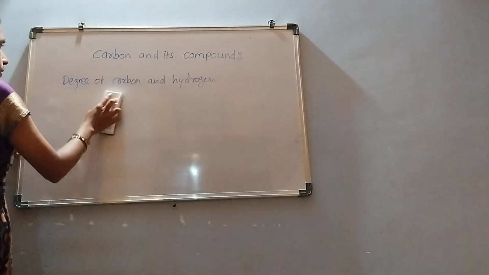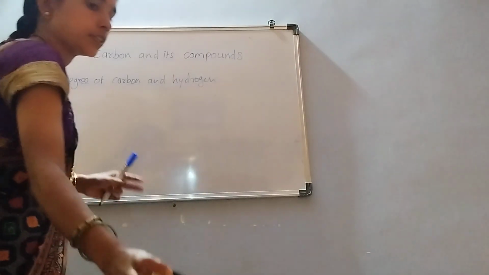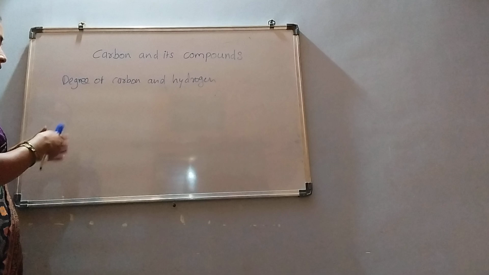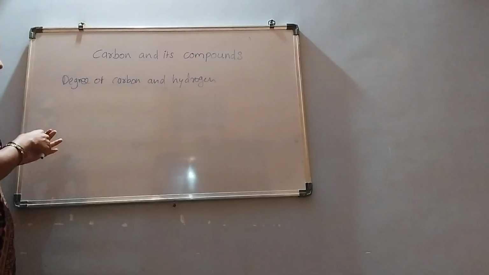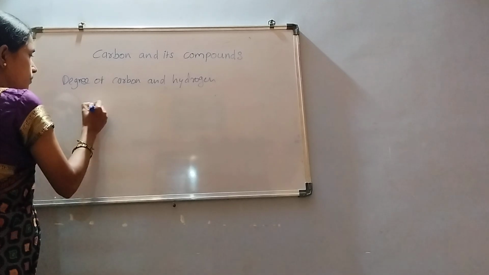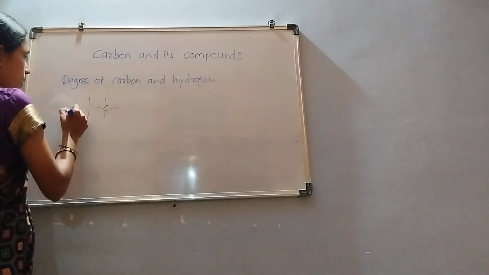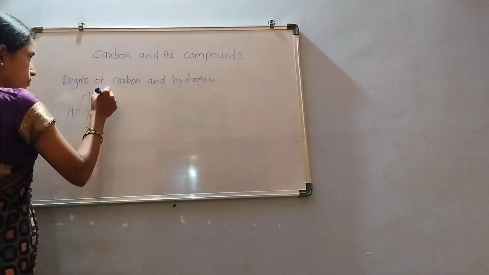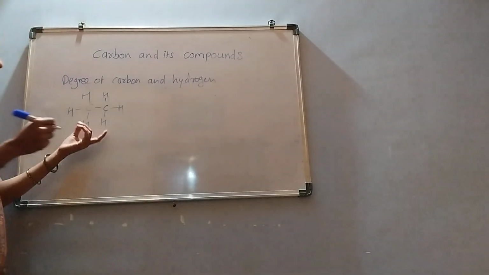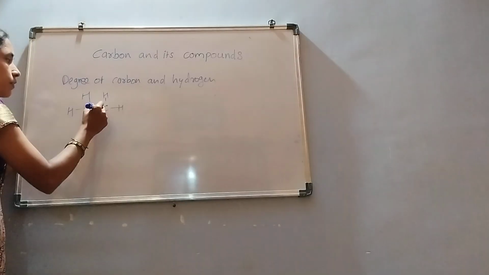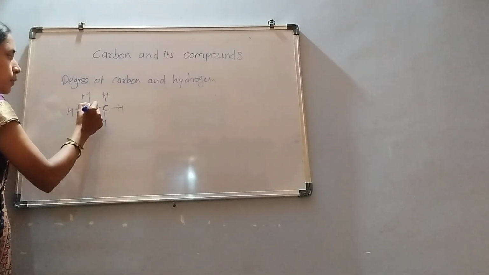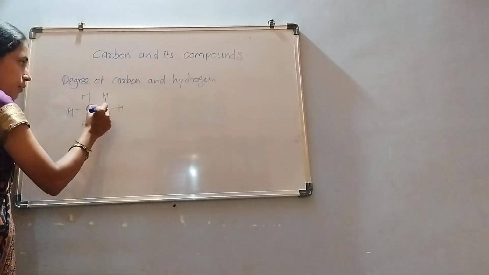So now we can take an example of ethane, because in methane only one carbon is there and that carbon is not bonding with another carbon. So we will start from ethane. Alkane having two carbons, we call it ethane. In this case, this carbon is bonding with only one carbon here, so it has degree 1.